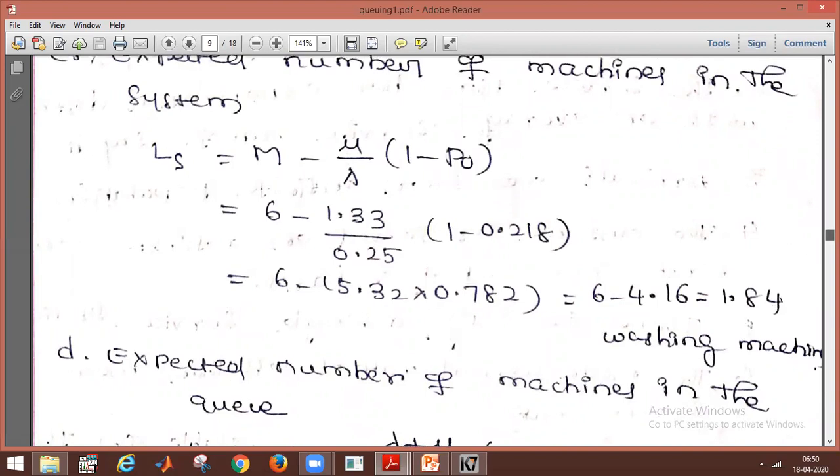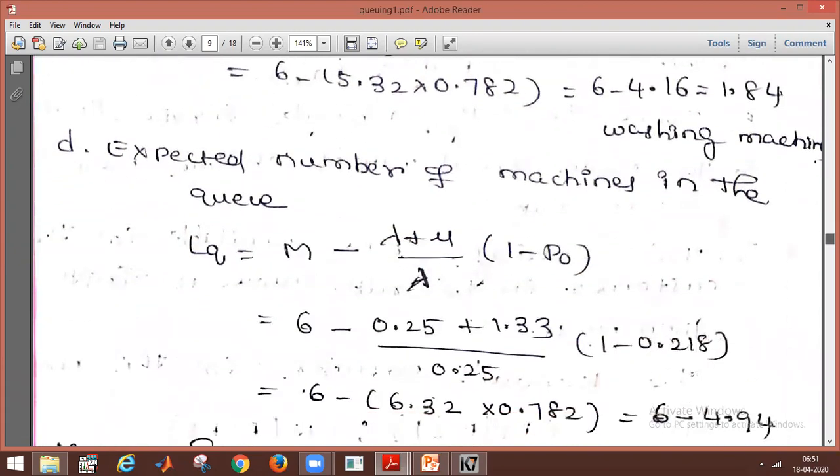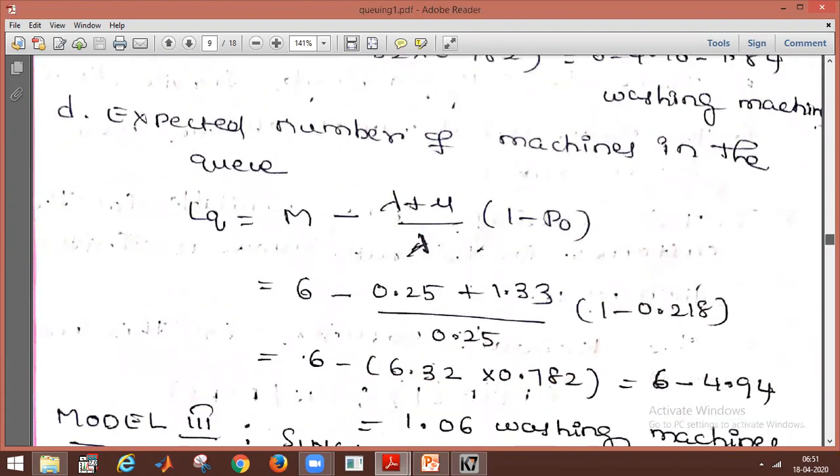And what is D? The expected number of machines in the queue. The formula for LQ is m minus lambda plus mu by lambda times 1 minus P naught.